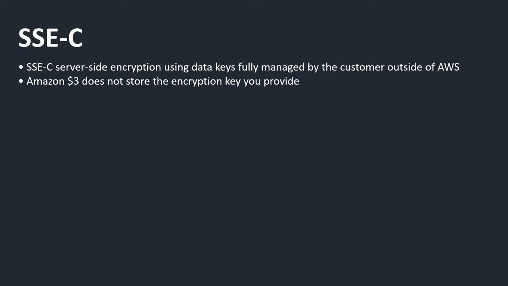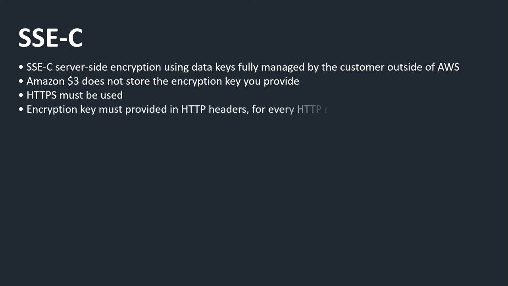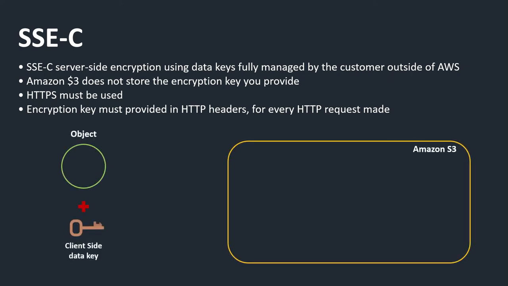To transmit the data into AWS, you must use HTTPS because you are sending a secret to AWS, so you must have encryption in transit. The encryption key must be provided in the HTTP headers for every HTTP request made, because it is discarded every single time.